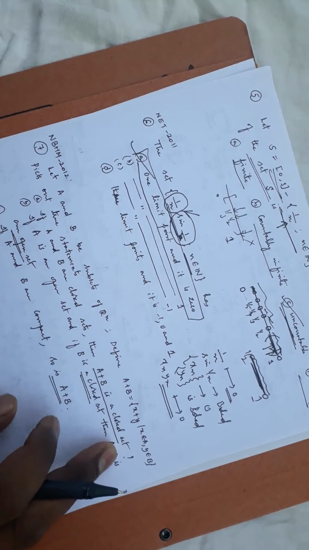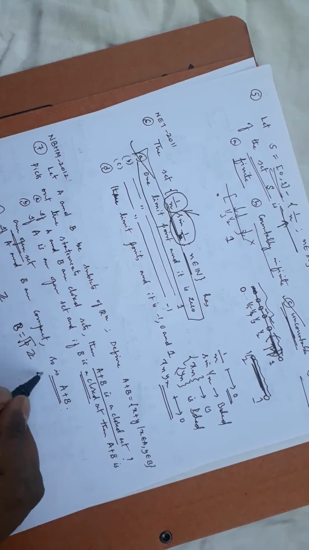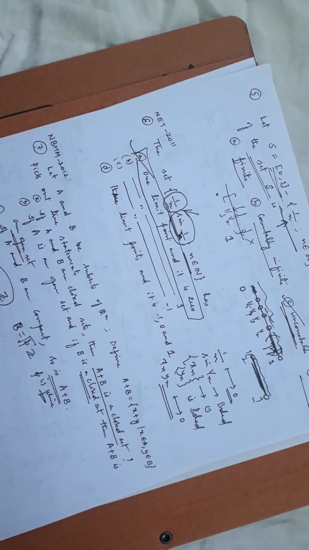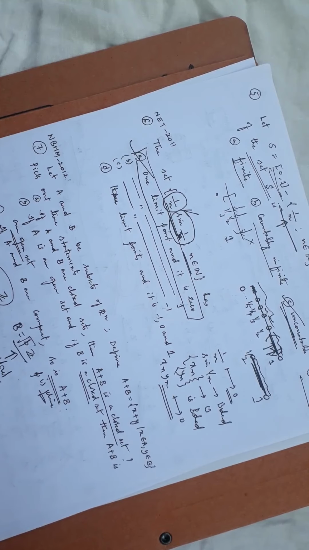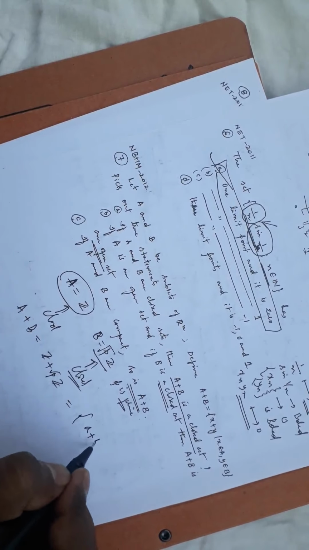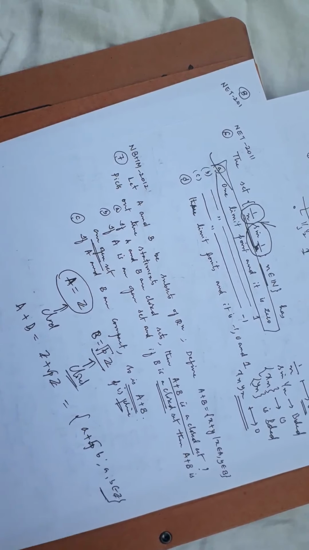See, for instance you can think about A is Z and B is root P times Z, where P is prime. So A is a closed set and B is also a closed set. Now what is A plus B? It is Z plus root P Z. That means it contains a plus root P times b, where a and b are integers.